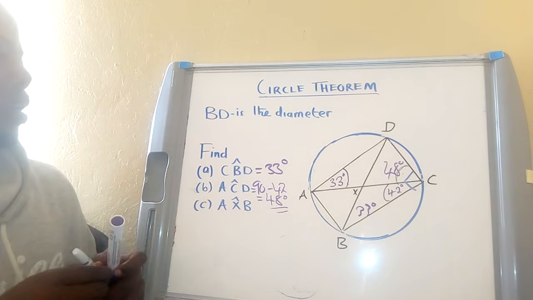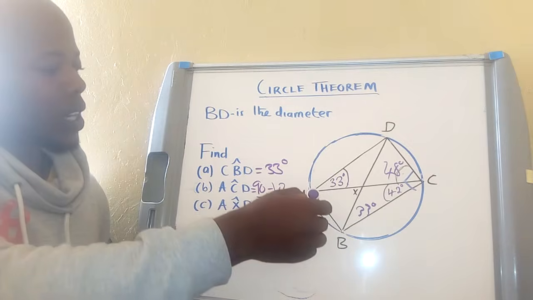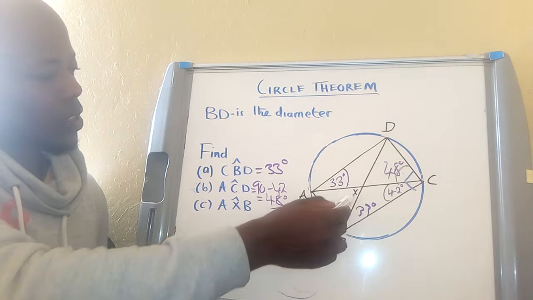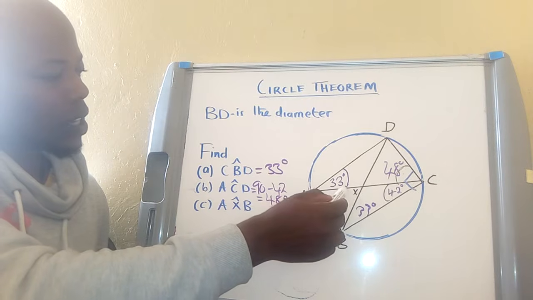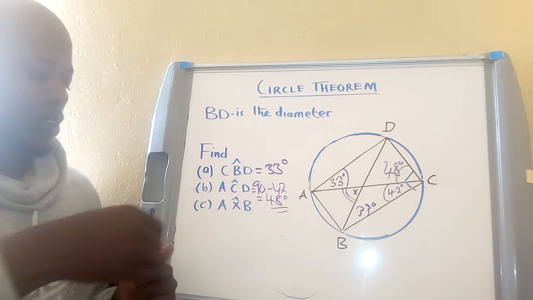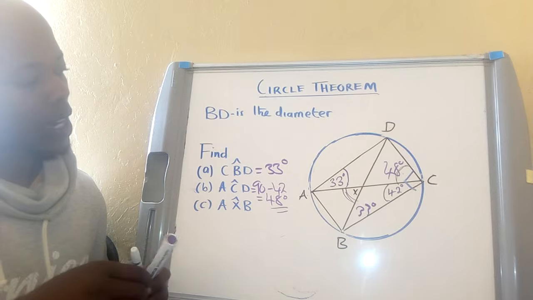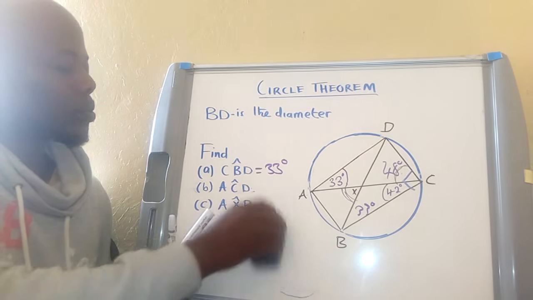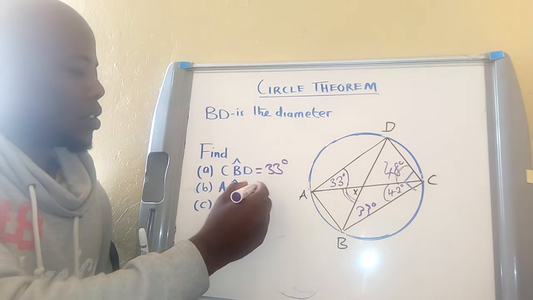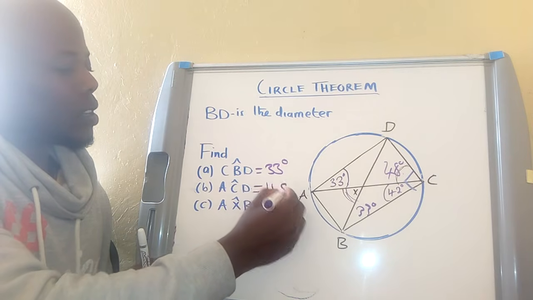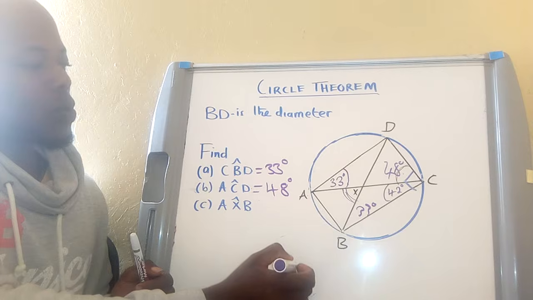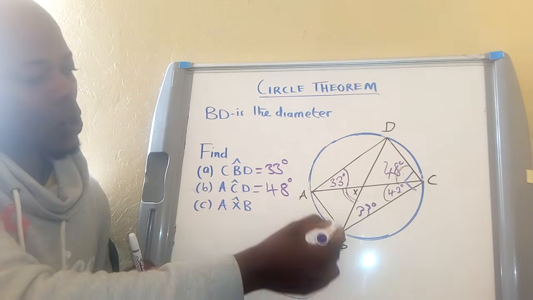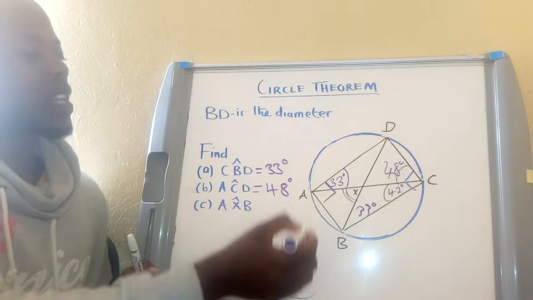We go to the next one where they want us to find angle AXB. So this is our X. They want us to find this angle over here. So how are we supposed to find the angle? Let me write this properly so that it's visible. What we can do here, we can take advantage of the diameter. We know that even this side is 90 degrees.